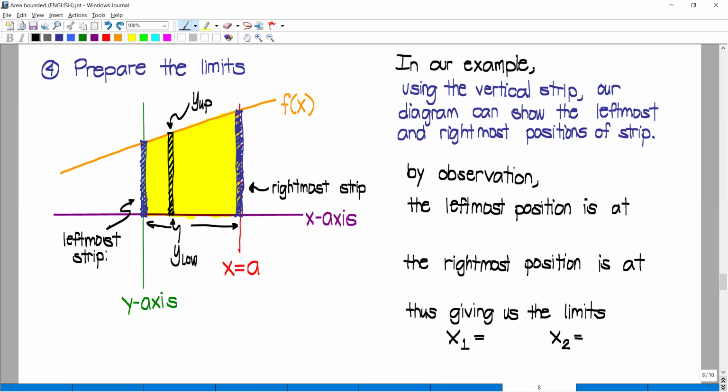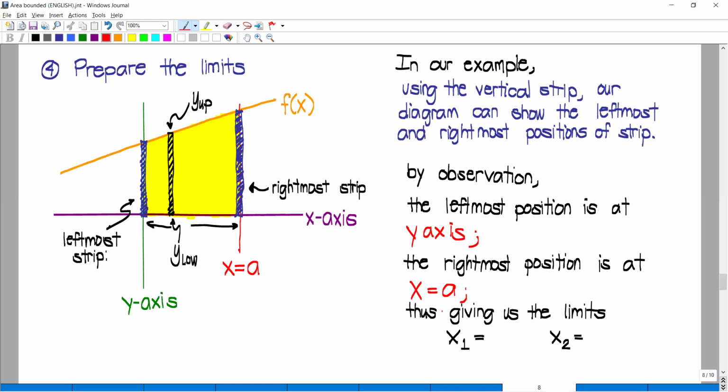As we can see here, the leftmost strip is at the y-axis. Okay? So let us write that. The leftmost position is at the y-axis. Do you think at the y-axis we know the value of the limit? And here, the rightmost strip is touching the red line. So we have here the x-axis. Sorry, the equation x is equal to a. Right? This is the red line.